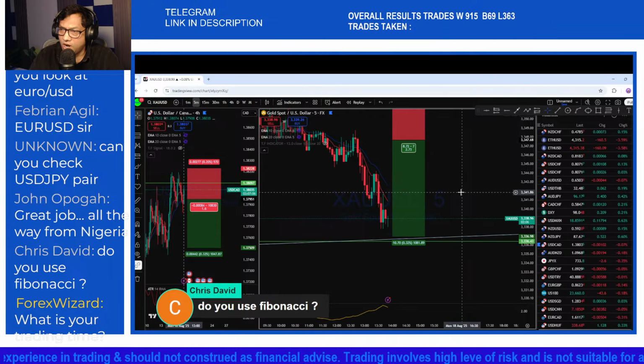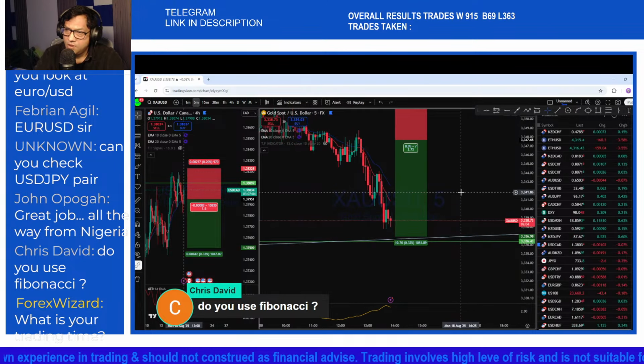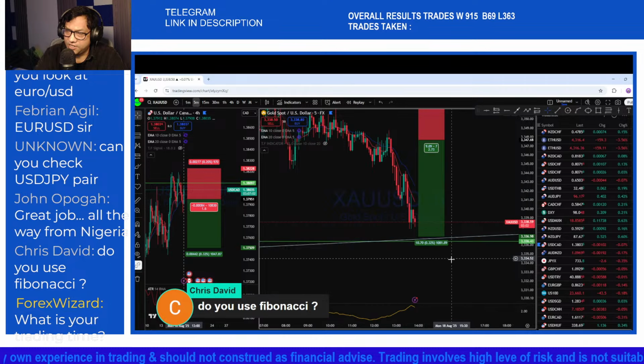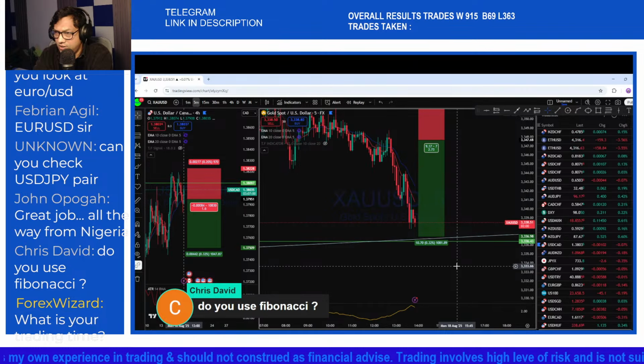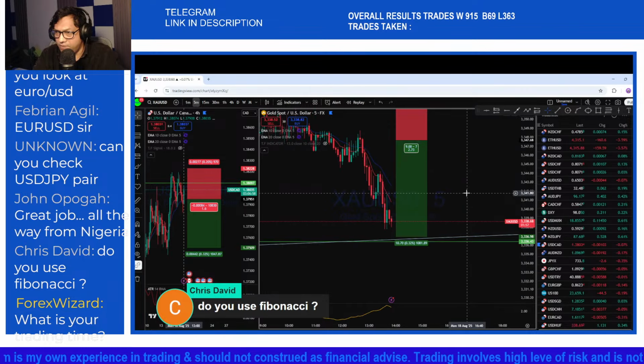There is a series of lower highs in that area. And that being said, expecting the market to trend down here and continue to drop back below this support level.